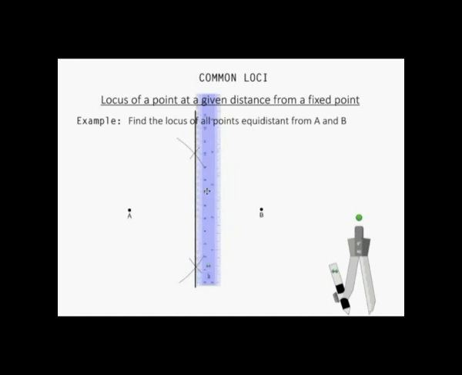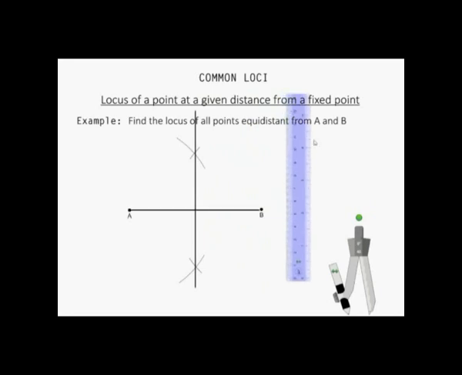Initially, it seems logical to think that the midpoint of A and B is the locus. But now we are saying that the locus of such a point is a perpendicular bisector. All points along that line are equidistant from A and B. Think about it this way. If you draw a line from A to the bisector, and then from this point C to B, you will have an isosceles triangle.